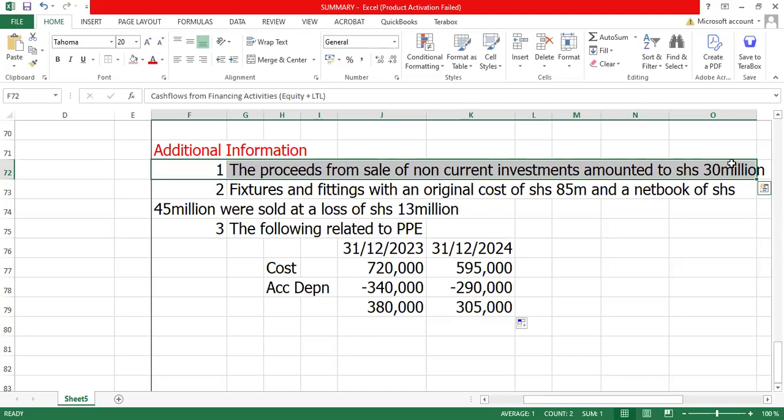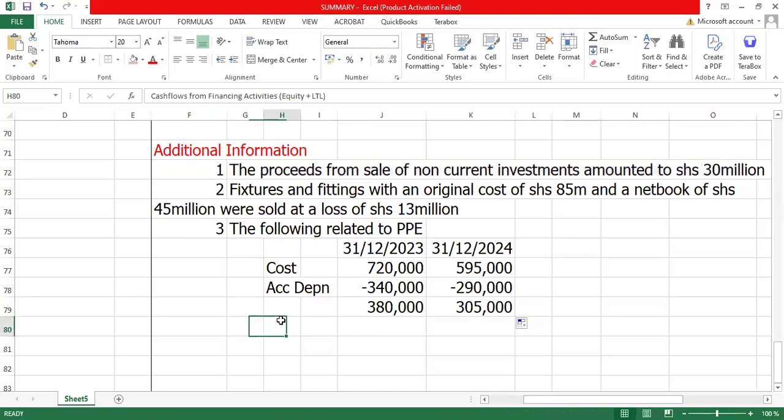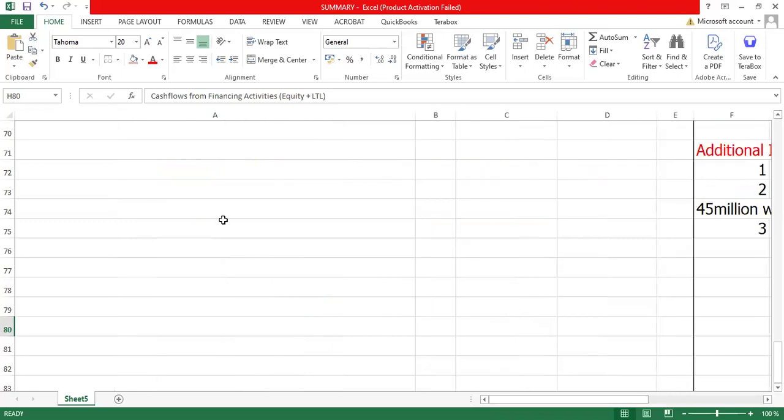Yes, because when you check, that is an investment activity. That is true. You come here where you have investment activity.